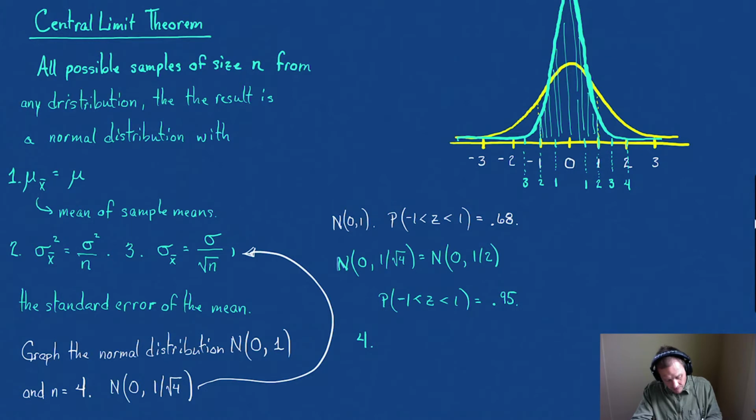Property 4 says that the z-score, now not for just a single data value but for the mean of a sample, is x bar minus the mean. Those shouldn't seem different, but now the standard deviation has changed from the standard deviation of the population to the standard error of the mean, which is sigma divided by the square root of n. And then that is how you would apply these same problems. And so let's try one.